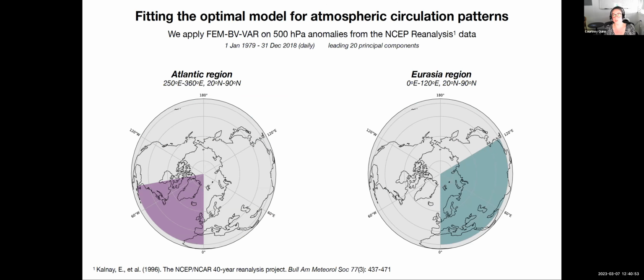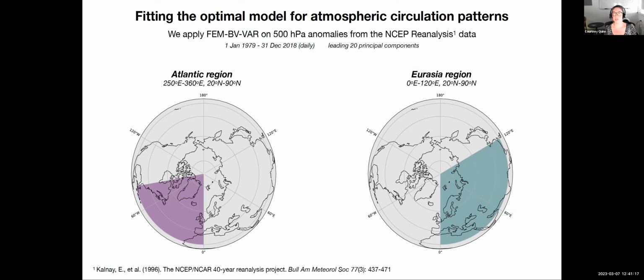So what did we do here? We did two different studies, and I'll present the results of each of them. We wanted to look at atmospheric circulation patterns. These are typically hard, as there are not as many nice conceptual models for them, so they're a good example for why we'd want to use data-driven methods to get these low dimensional spaces.